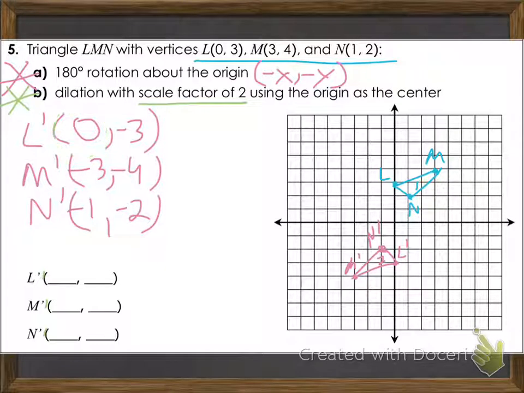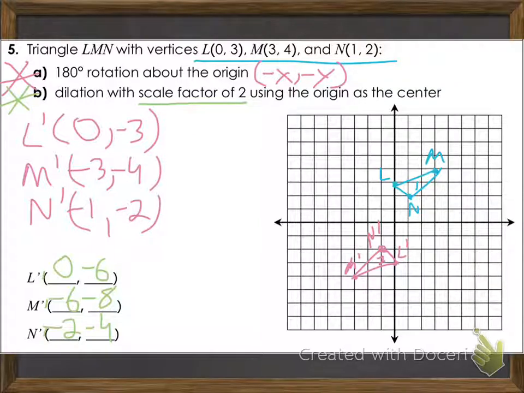So 0 times 2, that's easy, it's just going to be 0. -3 times 2 is just going to be -6. -1 times 2 is just going to be -2. -3 times 2 is going to be -6. -4 times 2 is going to be -8. And -2 times 2 is -4. So now we have our points. Let's put them on the grid.